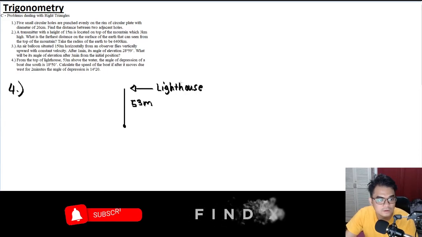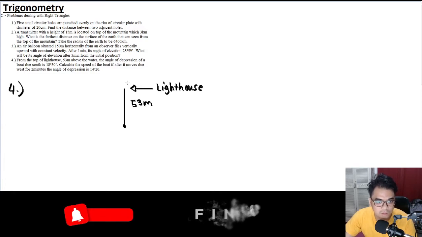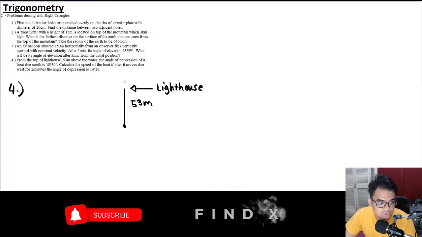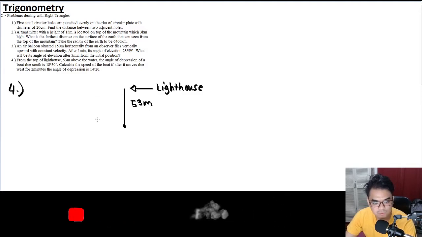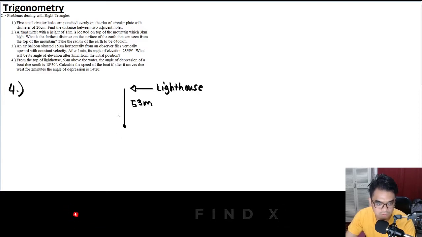And then the angle of depression of a boat due south is 18 degrees, 50 minutes. So we'll have a boat due south, so it must be somewhere south of the lighthouse.